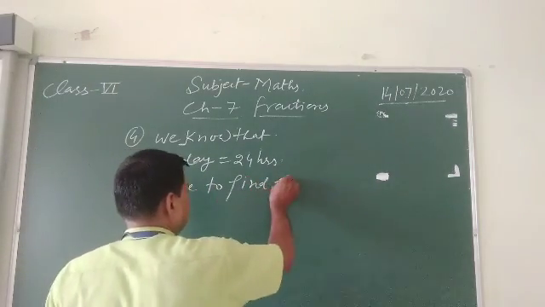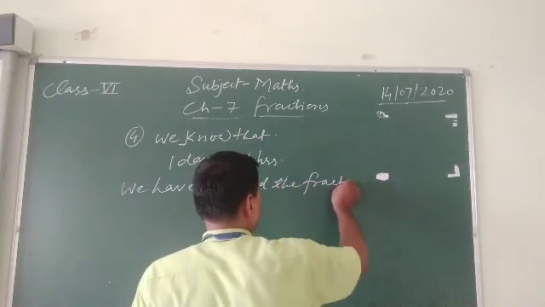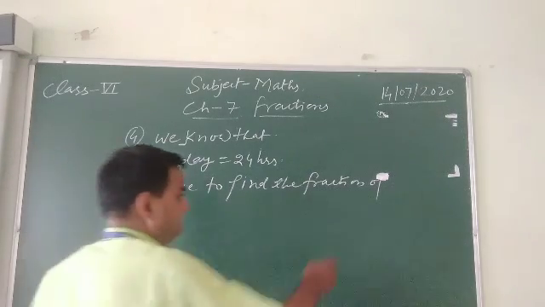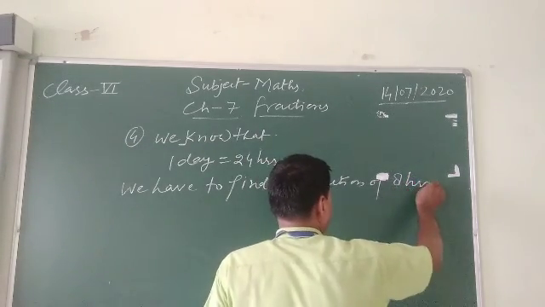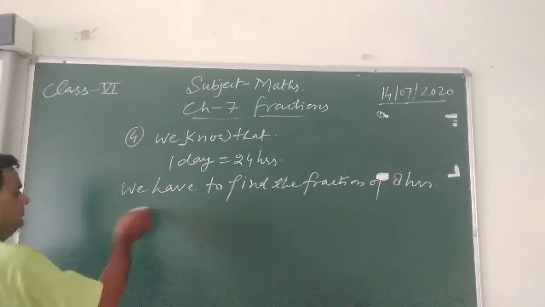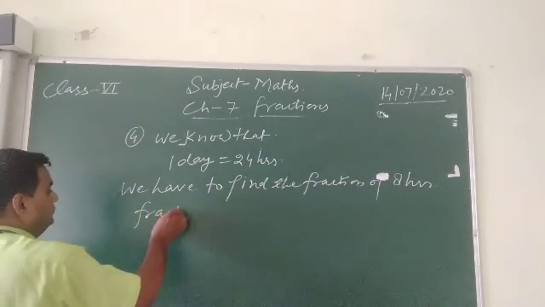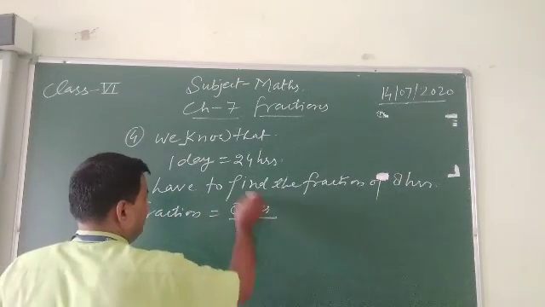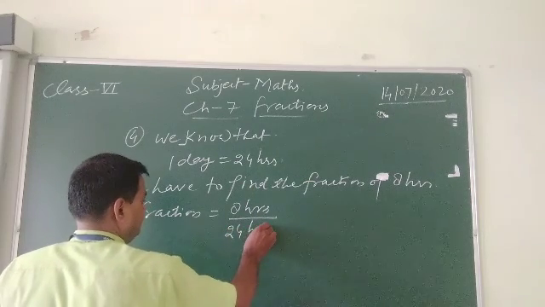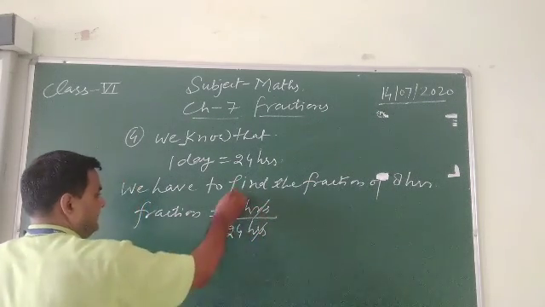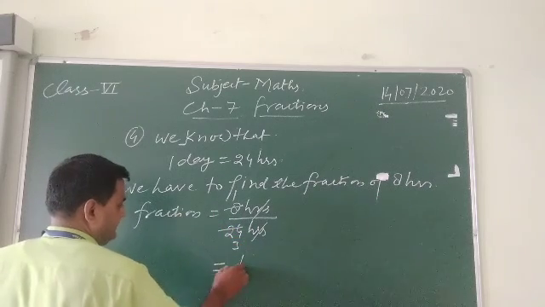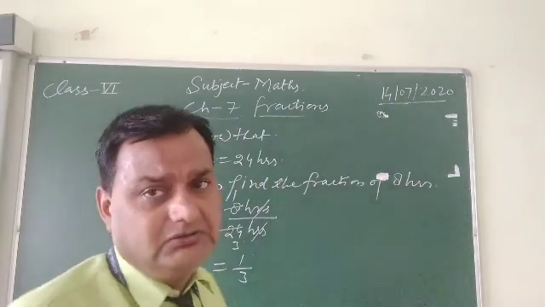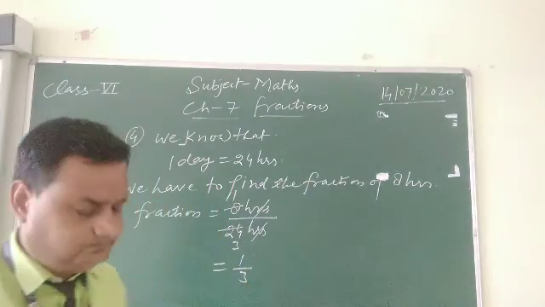So now fraction equal to 8 hours divided by 24 hours. 8 divided by 8 is 1 and 24 divided by 8 is 3. So fraction is 1 upon 3. It is clear all of you?